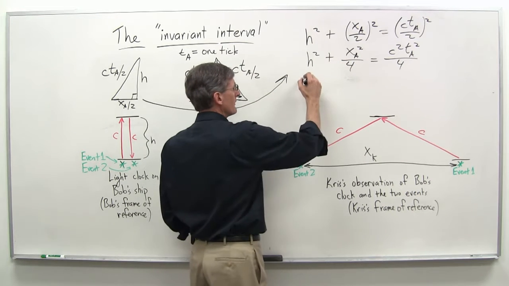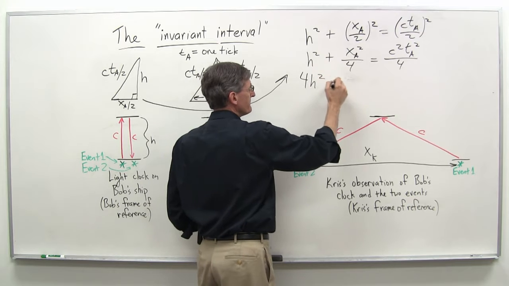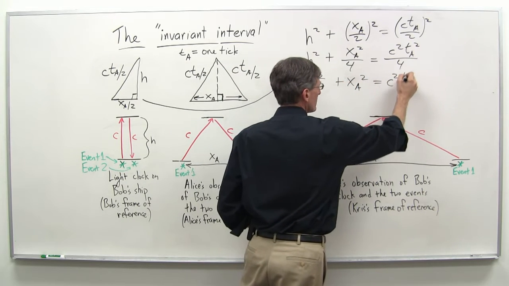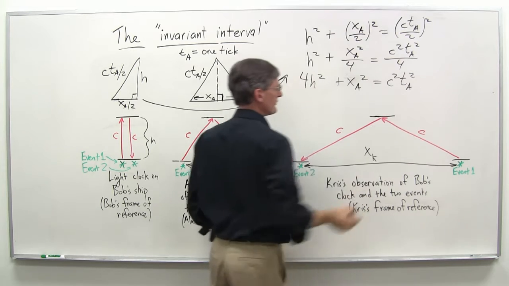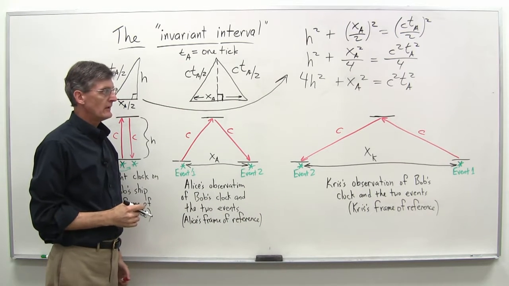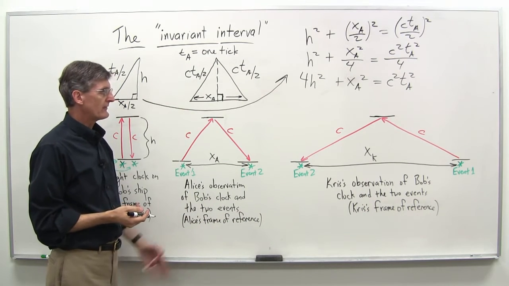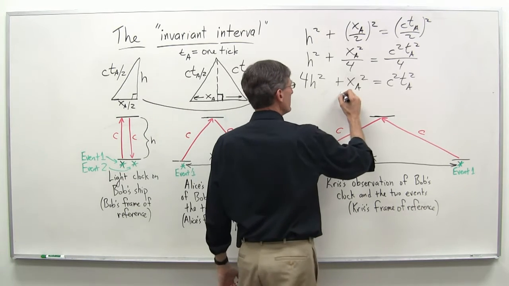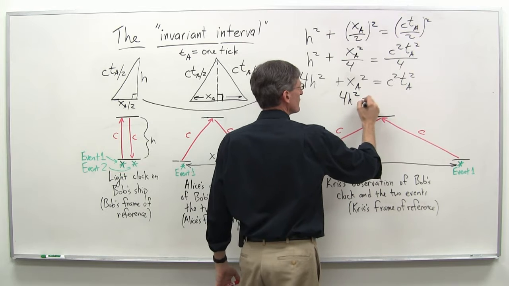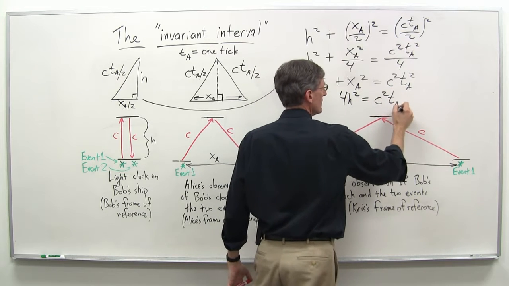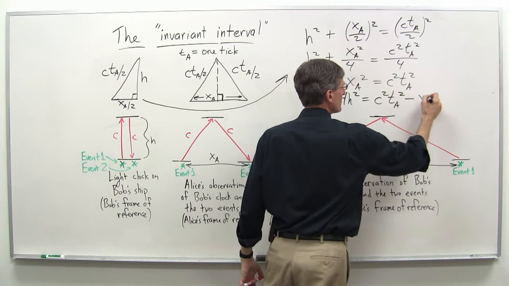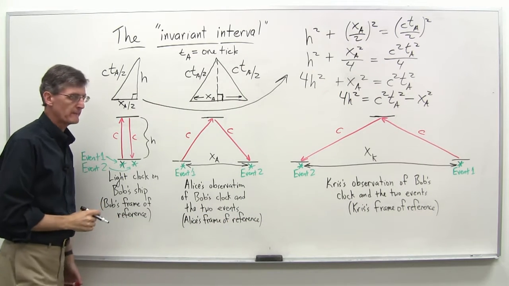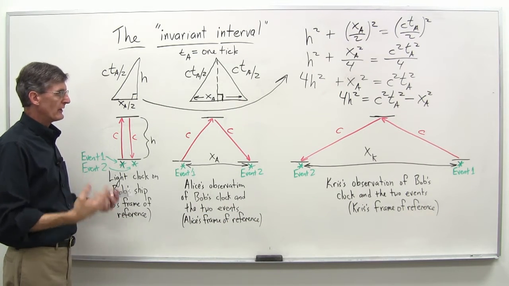In other words, I get 4h squared plus xa squared equals c squared ta squared. Okay? And I'm going to do one more thing here. I want to get the xa and the ta on one side. So we're going to write this as 4h squared equals c squared ta squared minus xa squared. Okay? So that's my analysis.